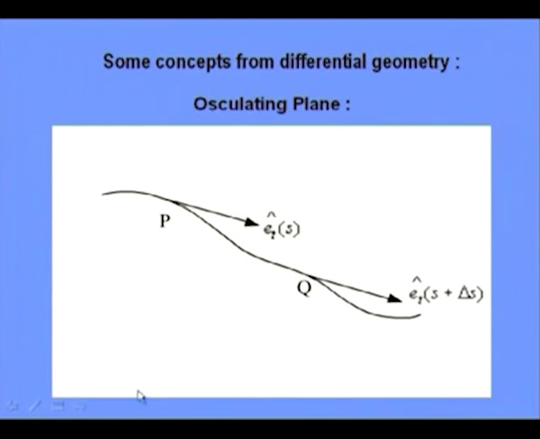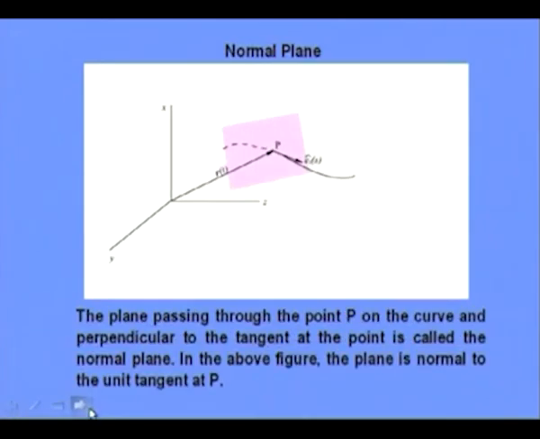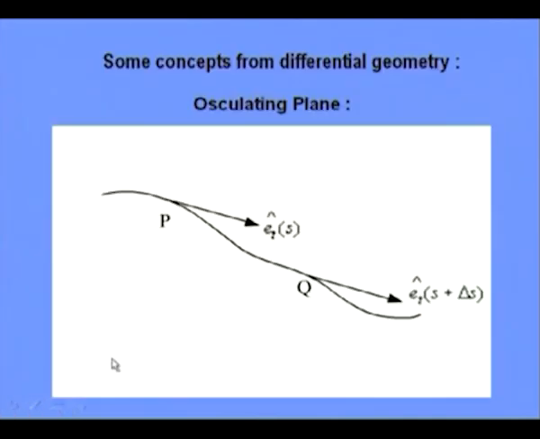If we can find a plane which encompasses these 2 lines, and if the distance between the 2 points is kept very small, then it is possible to find the plane which will have these 2 lines lying in it. That plane will be called the osculating plane.